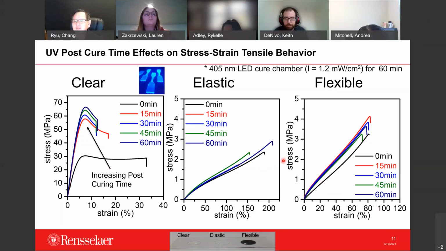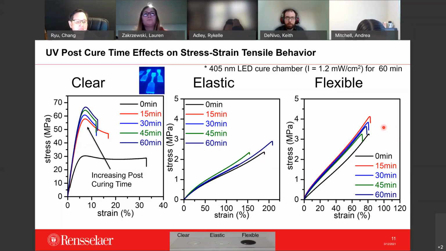Versus the elastic, there was not much of a change from post-curing and from its printed sample. And for the flexible, you do see a change somewhere in between the clear and elastic, which makes sense because there were more double bonds than elastic to be converted into the polymer network.